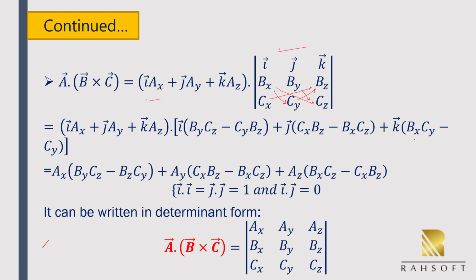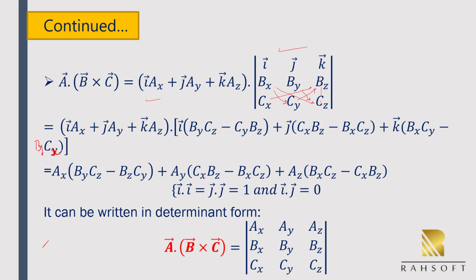You can see here, when we hide the column, the unit vector column, here is k and this is Bx Cy minus Cx By.